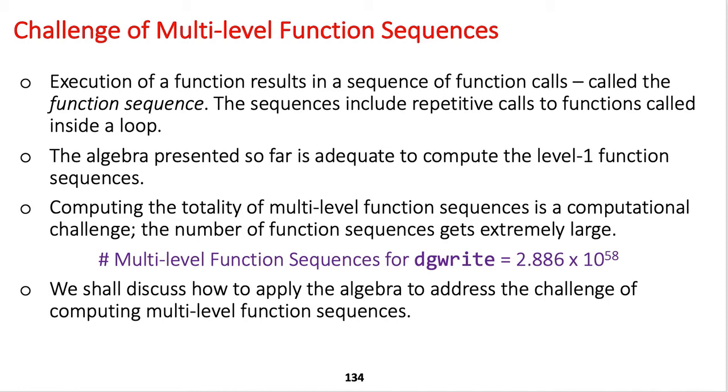The number of multi-level function sequences for dgWrite is 10 to the power 58. So one thing that we did is that instead of computing all the multi-level function sequences, we first determine the relevant functions and then compute the multi-level function sequences only for the relevant functions using homomorphism.